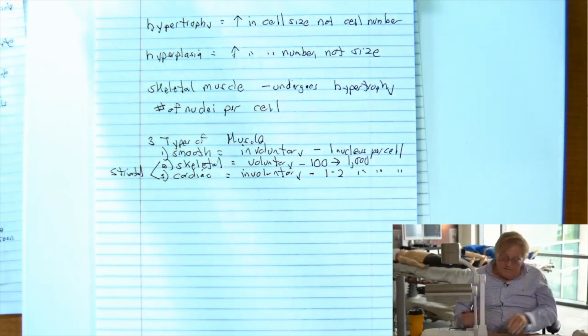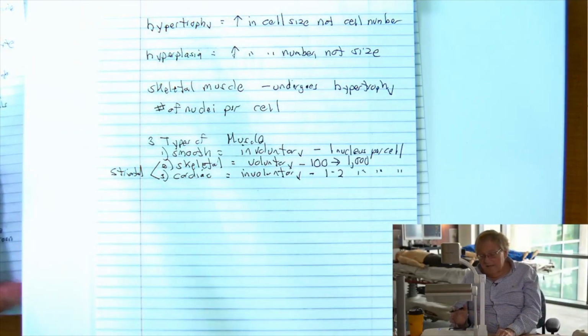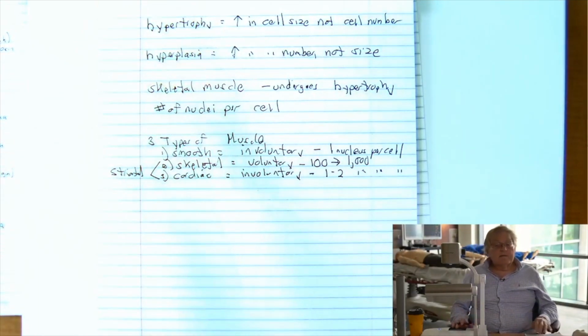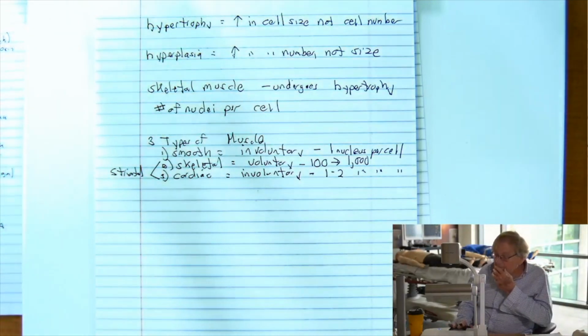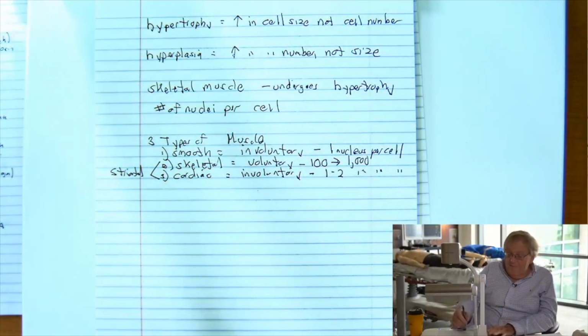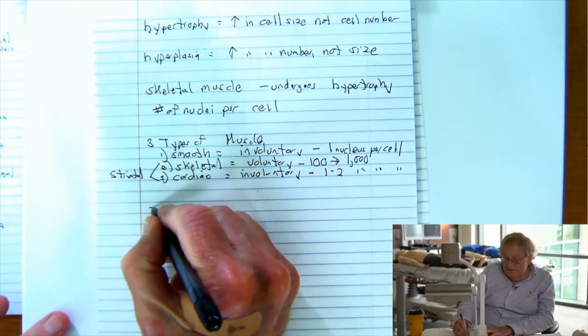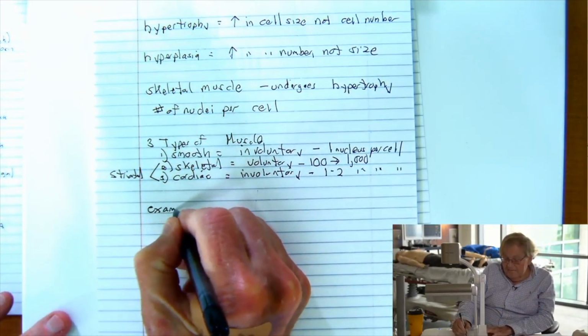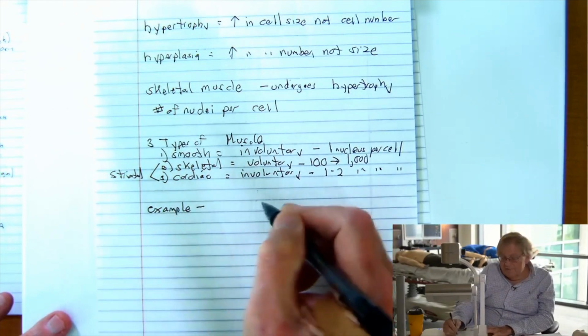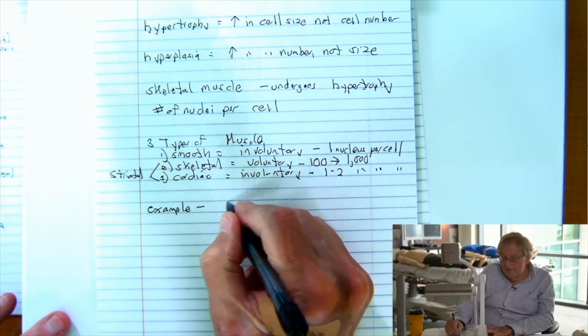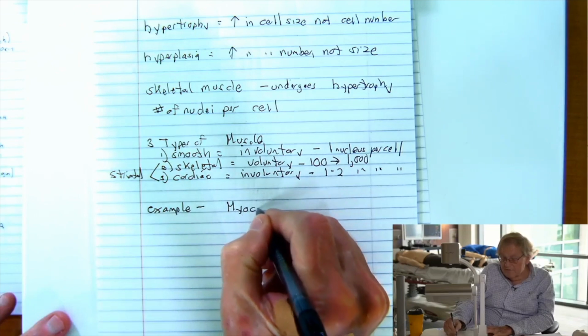So again, just think of the big picture. You want to think again, hypertrophy, hyperplasia. I'll give you a great example. Person has a MI, so always think of examples in anatomy. You have a patient that had an MI, or a myocardial infarction.